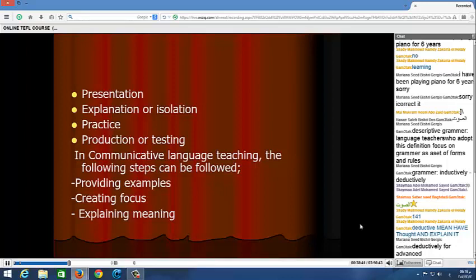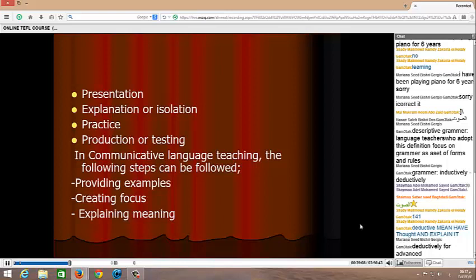Perhaps you have presented the past simple tense before, now you are presenting the present perfect. We try to find some kind of link between the two tenses actually. How to distinguish between them, which one should be used in which context, and so on. So trying to relate what has been taught before to what you are teaching now is very important.